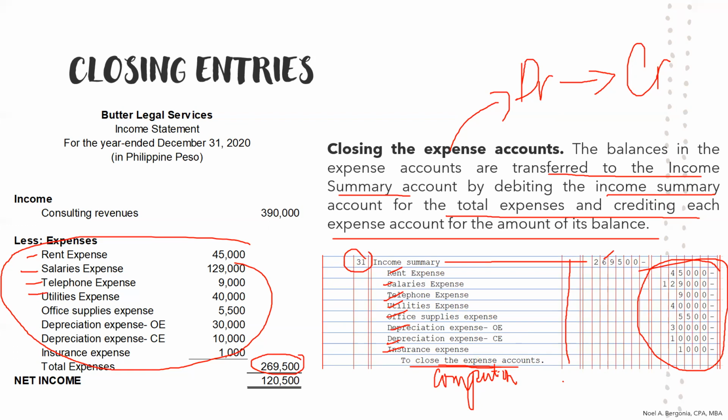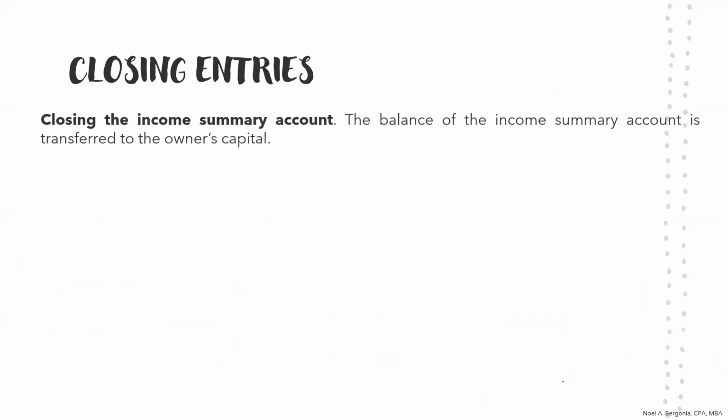What was the first closing entry again? Correct, close the income account. After the income account, the expense accounts. So after you have closed the two and zeroed them, the next step, as we mentioned in our module, is to close the income summary account. So class, as mentioned earlier, the income summary account is just a clearing account.